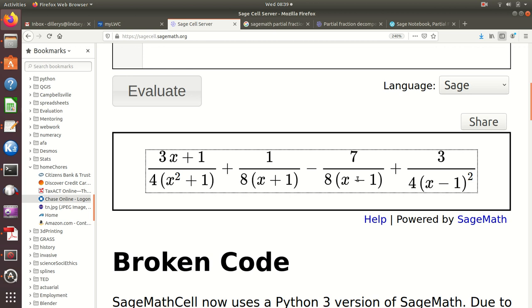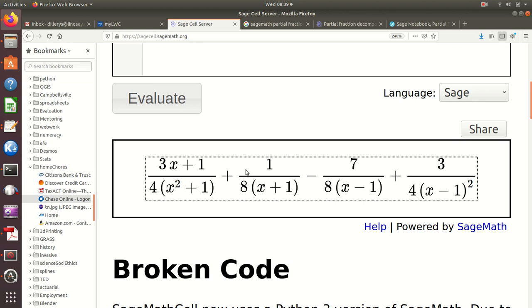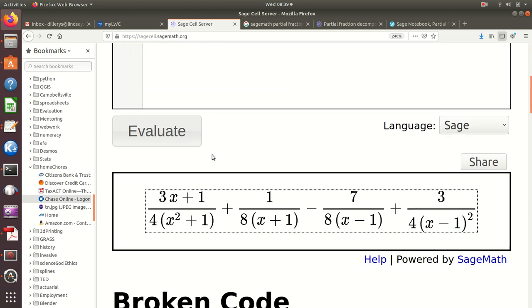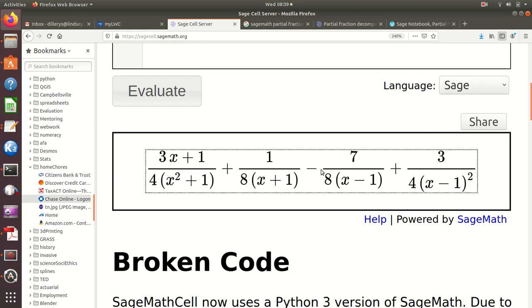It doesn't have to. I mean, if I created one that did not, if I just took this 3x plus 1 over 4x squared plus 1, plus 1 over 8x plus 1, and then plus 3/4 over x minus 1 squared, got my common denominator, got the right numerator for that, and then did the partial decomposition, well, this term here better not show up because I didn't have it in there.